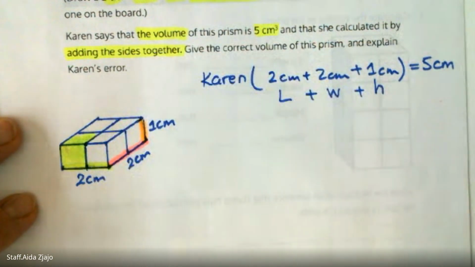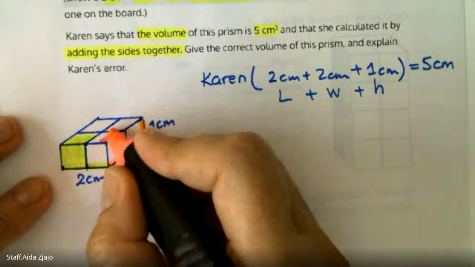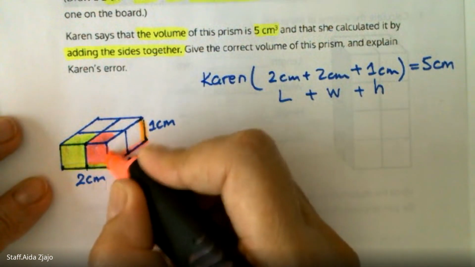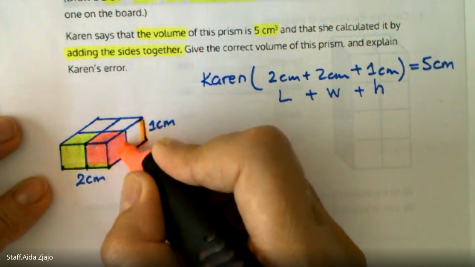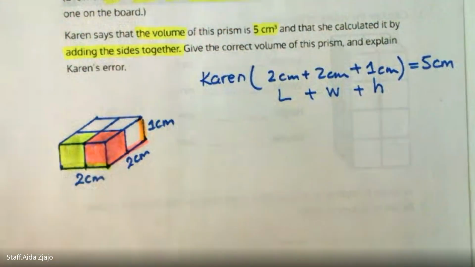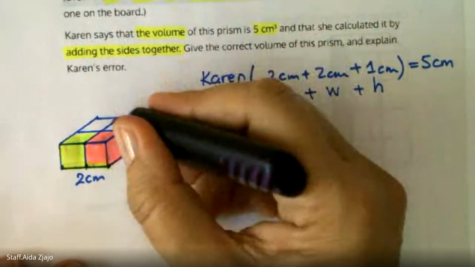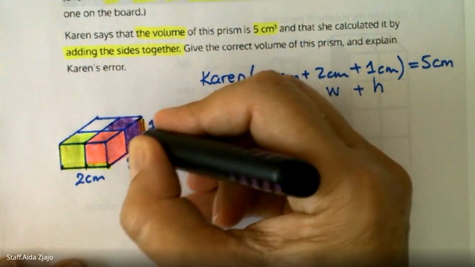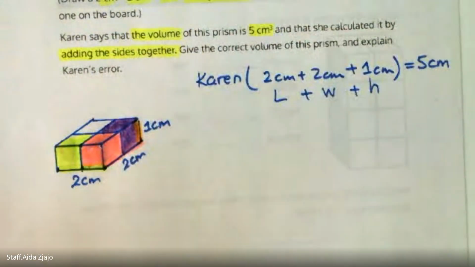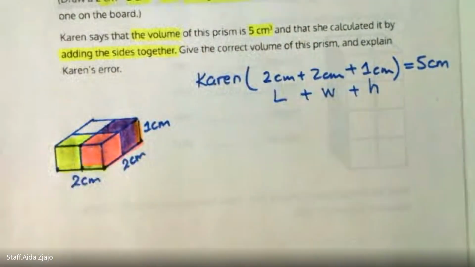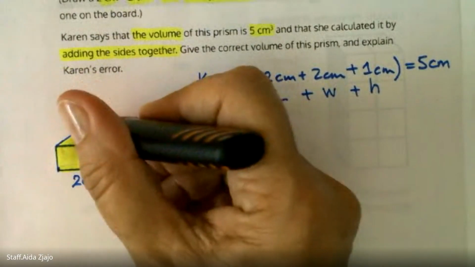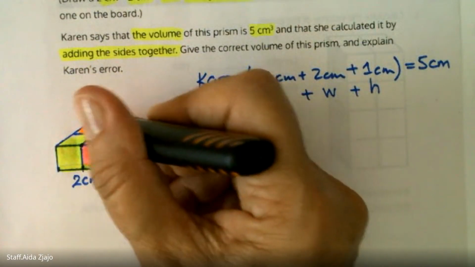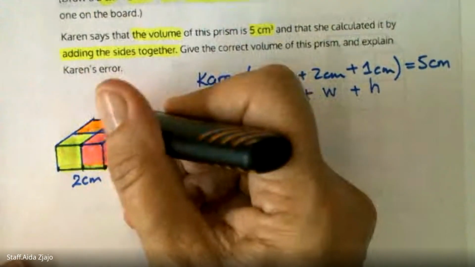We count cubes. So here is 1, and then here is 2, and here is 3. 3 cubes is the volume, and one more, 4. It's behind, you can see, but it is a cube. It's a 3D shape.